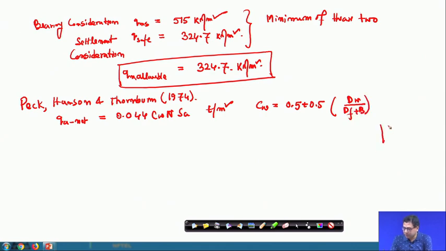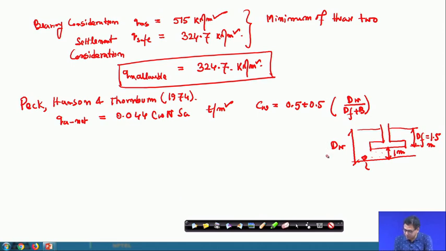What is dW? Again I am writing that this is the position of the water table, which is 1 meter below the base of the footing. This is dF, 1.5 meter, and this is dW, sorry, dW is from the ground surface.